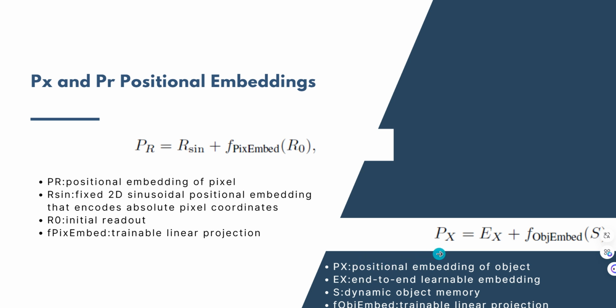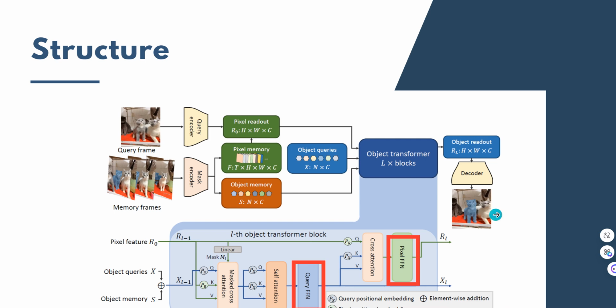So it is the same for PX. PR is the embedding of the pixel, and PX is the embedding of the object. Okay, and the object embedding is also a trainable linear projection, that is, a trainable neural network.